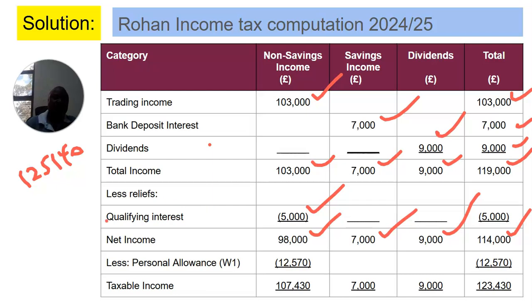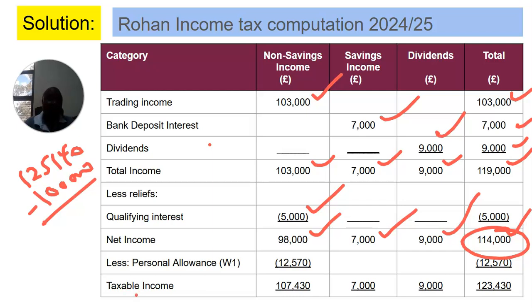All right. So this income, the income here, 114, is between 100,000 and 125,140. I explained the concept where if the income falls between 100,000 and 125,140 pounds, we then have to reduce the personal allowance.